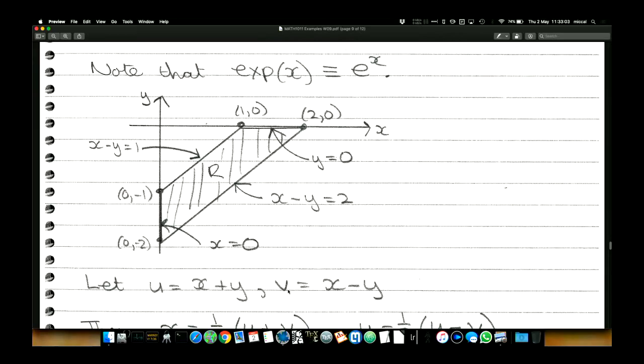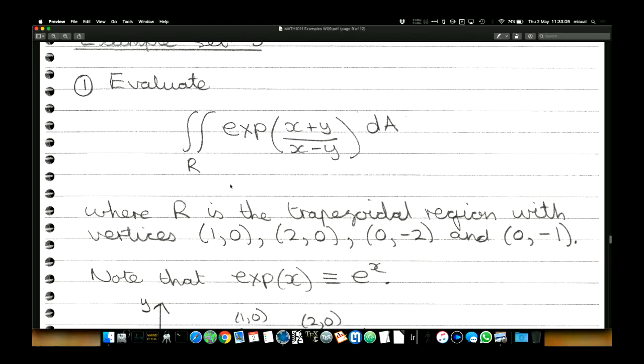And you can, but that's not going to help, because the mapping that makes this a nice rectangle will make this worse, and leave you something you still can't integrate. So this one is motivated by the integrand. And then you just hope and pray it works.